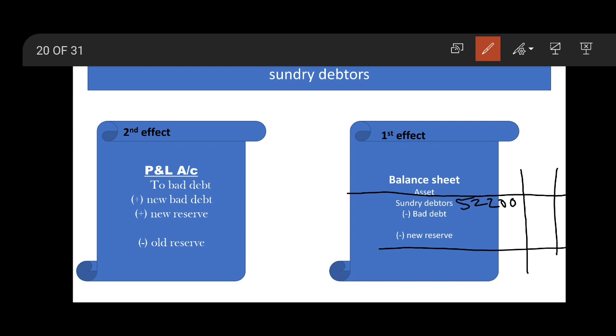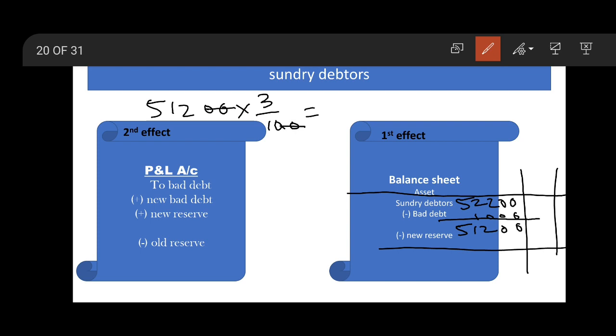52,200. It is given in the question that write off bad debts 1000, which means this is a new bad debt. So we deduct this new bad debt out of it. So less 1000, whatever amount you get, keep it inside only, 51,200. So on this 51,200 you have to go for 3% RDD. 3% RDD means 3 upon 100.